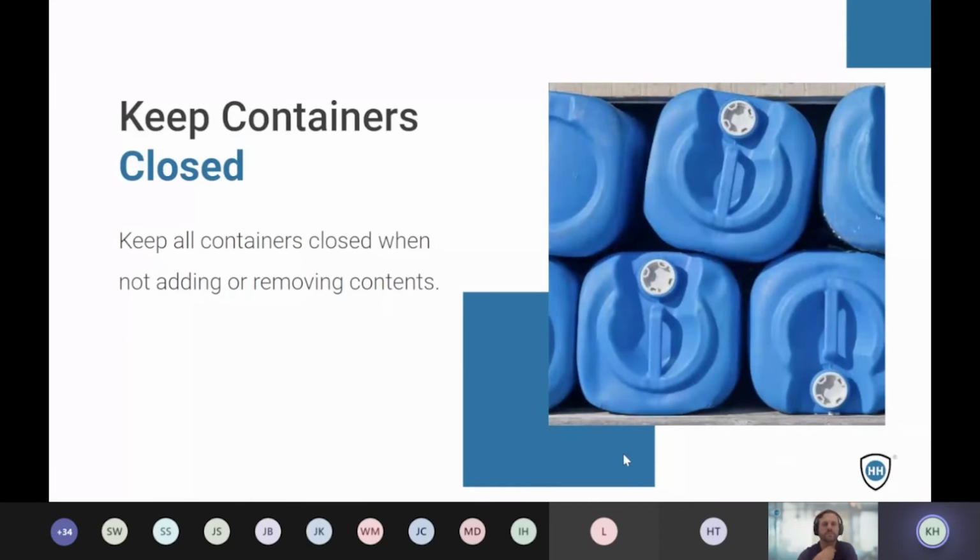If you have hazardous waste on site, you're probably familiar with the requirement to keep your containers closed. It's a requirement because if a container is closed, it's less likely to leak or spill if the container gets tipped over. It's still a best practice for any type of container that has liquids in it.